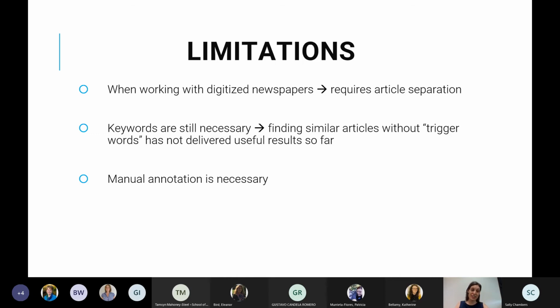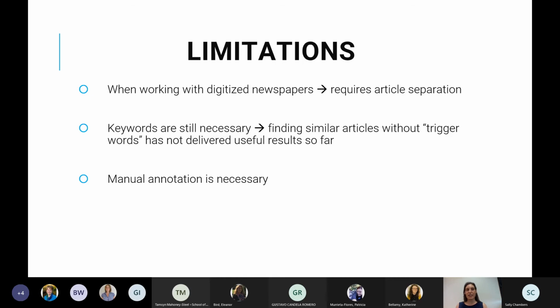And also manual annotation is necessary. The training was necessary because this was for my very own, very specific research questions. So I needed to decide what is relevant and what is not relevant. I had to feed the algorithm with the information that was important to me.